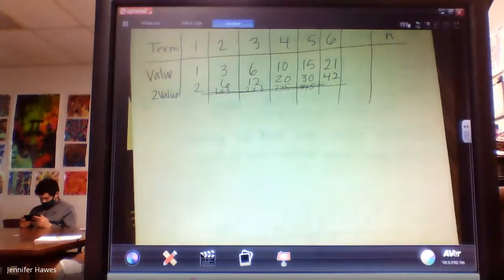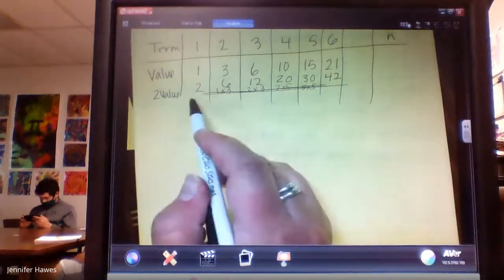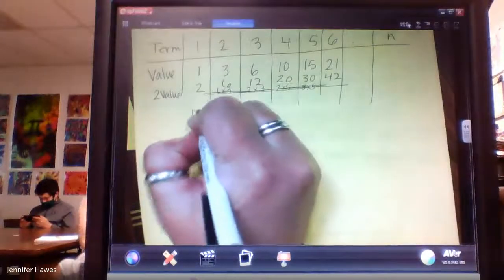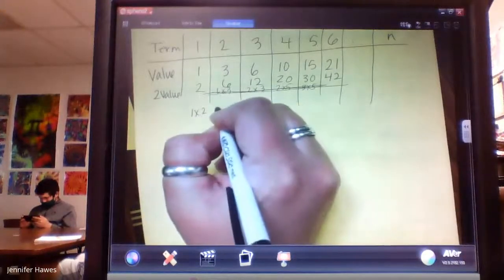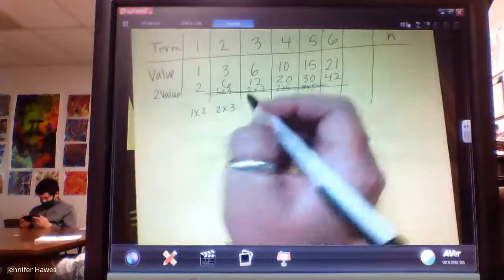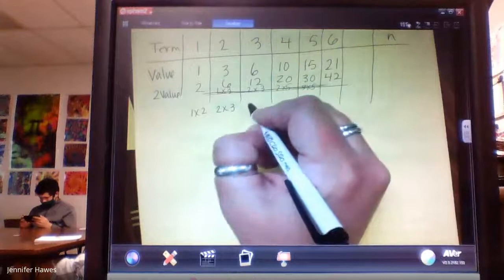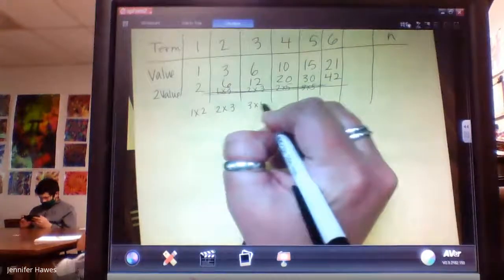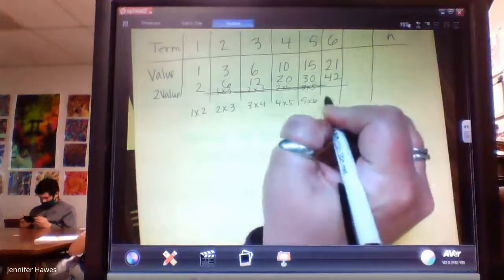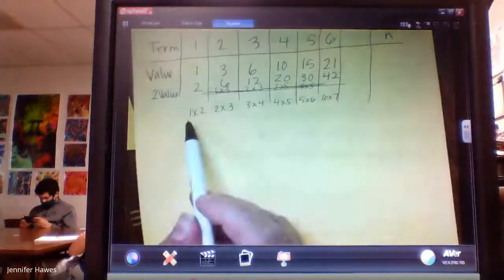Now factor those. What multiplies to give me 2? 6. 2 times 3, this one should be 3 times 4, 4 times 5, 5 times 6, 6 times 7. So now my numbers are going up.